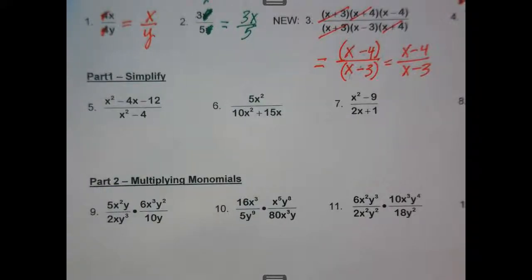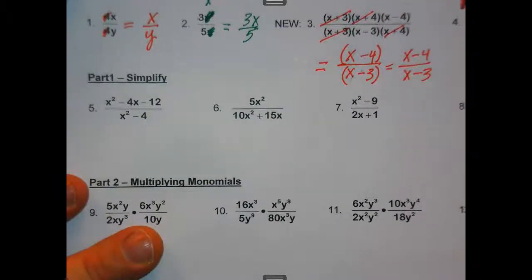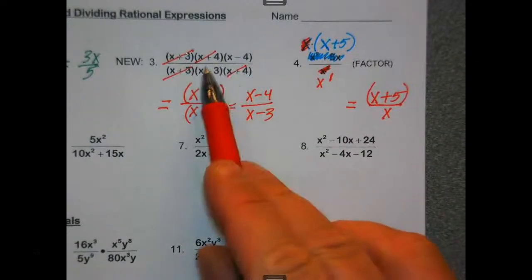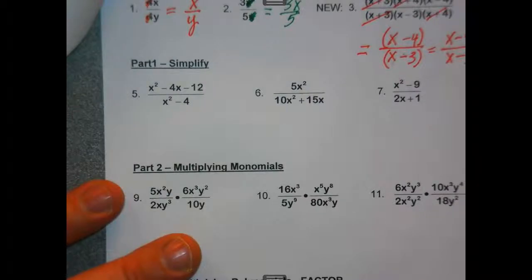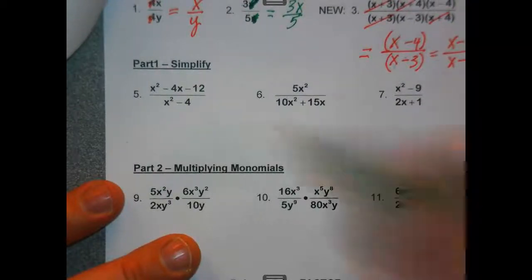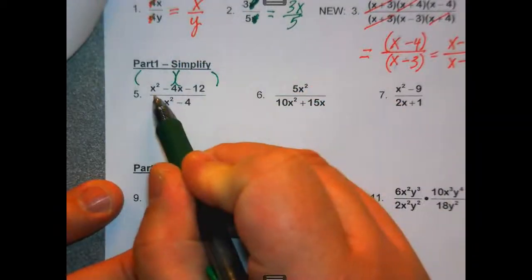Number 5, we have to simplify these. This is one fraction. Well, we're going to have to go back to this, make quantities out of them so that we can cancel out. So let's factor the numerator. How do I get x squared?